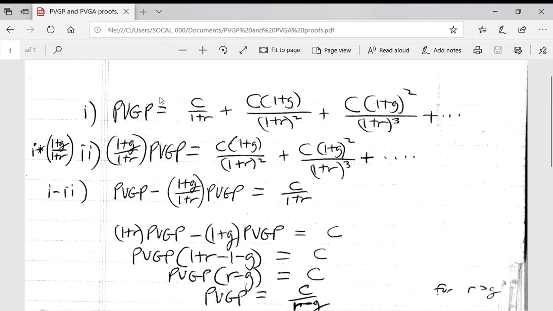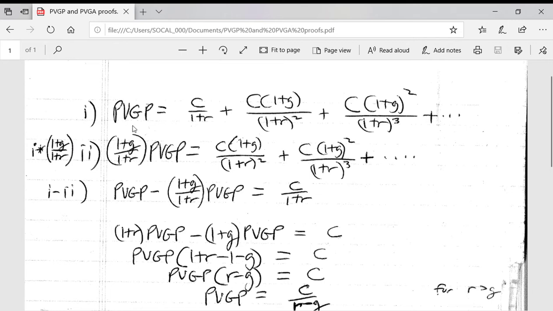And this one, our third one, is a growing perpetuity. So for example, the cash flow at date 1 might be 100. The cash flow at date 2 might be 110. The cash flow at date 3 might be 121, thereby showing a growth rate of 10%, decimal equivalent of 0.1.